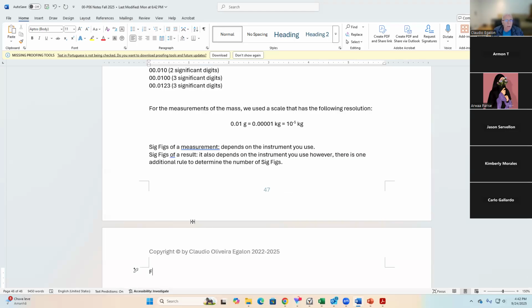Okay, for instance, it depends on the instrument you use. Let's put it this way. It depends on the instrument you use plus the equation you used to determine this result, okay? So it depends on those two.